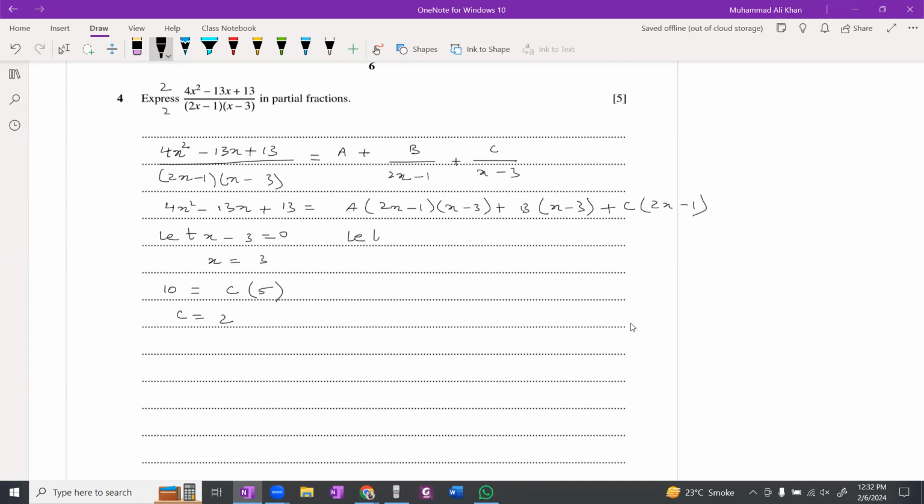Now let 2x minus 1 equals 0. So the value of x is 1 upon 2.